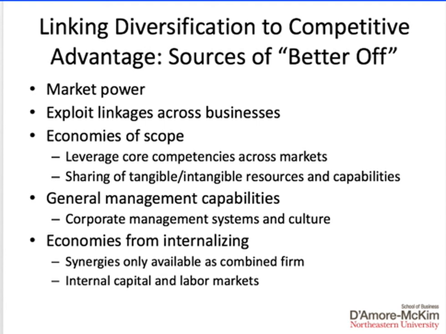One such example are internal capital markets or internal labor markets, where I can transfer capital and labor across the two divisions or the three divisions within my firm, whereas if I did not diversify and own those other divisions, I would not be able to transfer this capital. This provides me with a chance to create additional value. Thus, when we are assessing the Better Off test, we're looking for evidence of these different sources.